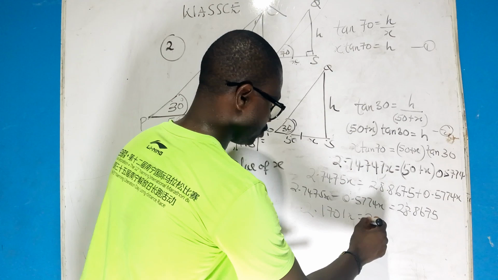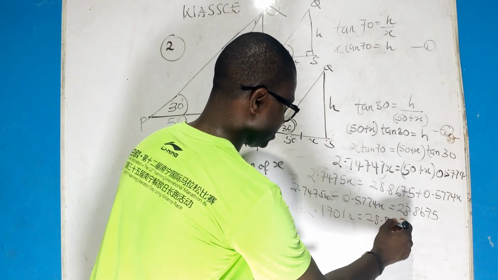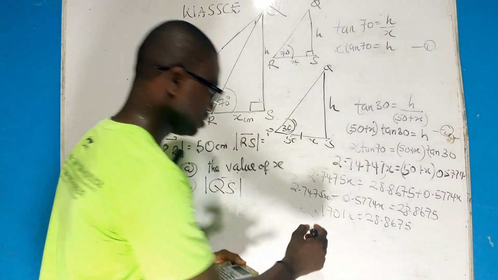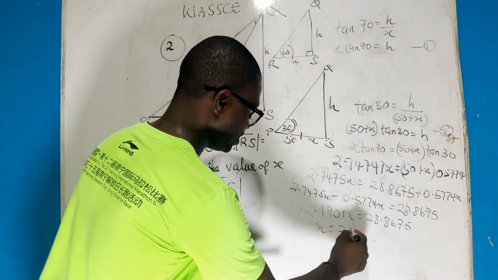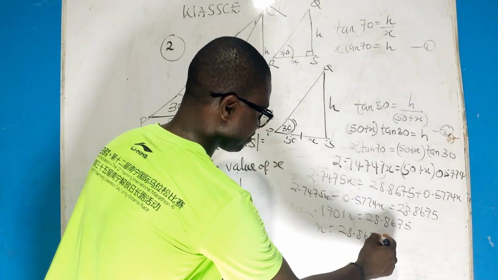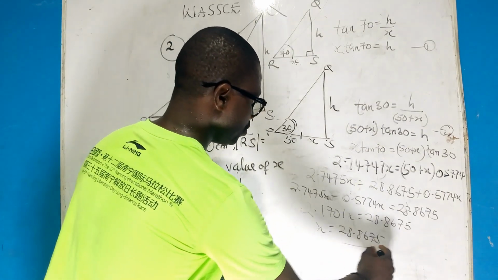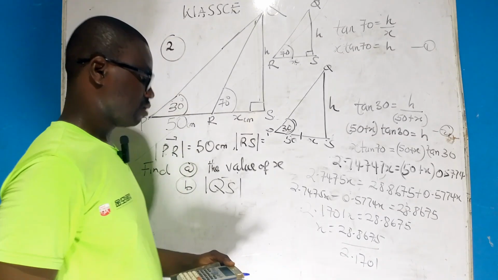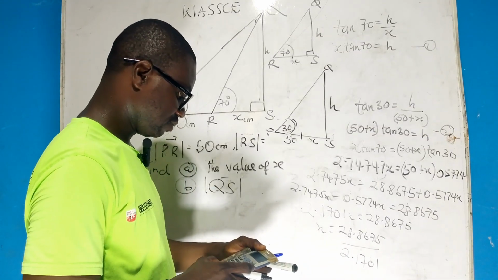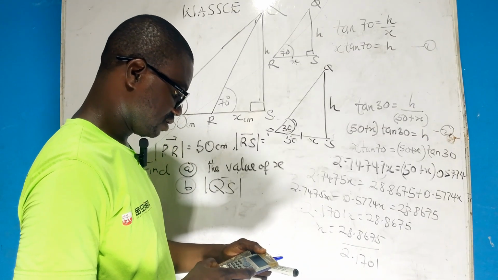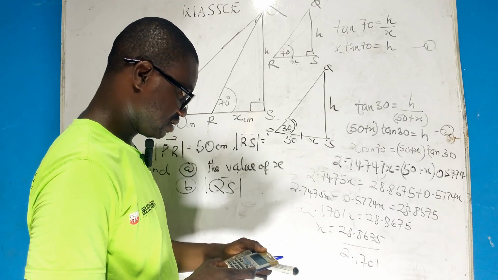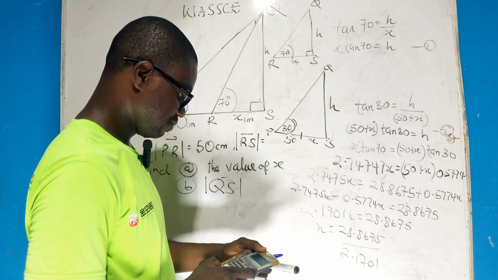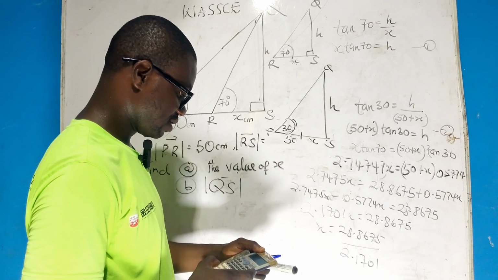x is equal to 28.8675. Now making x the subject, you divide by 2.1701. I hope you know this. So let's do the division: 28.8675 divided by 2.1701.